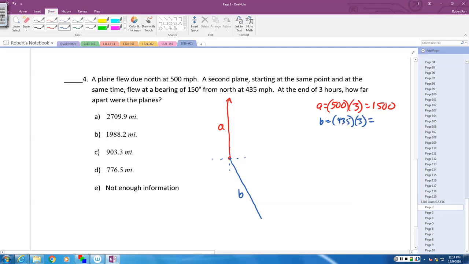And that is 1305. Okay. So now we are going to find how far apart they are. What is this distance? I'm going to call it C. Well, what does this angle measure?